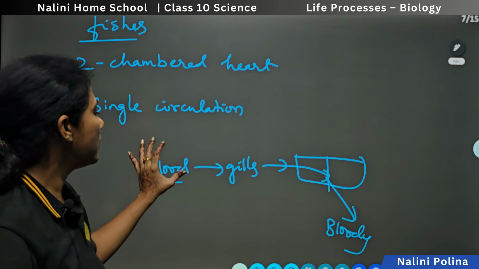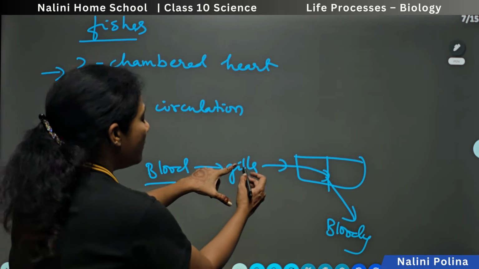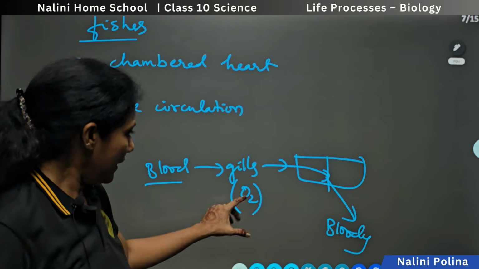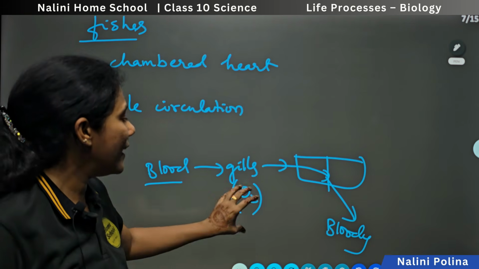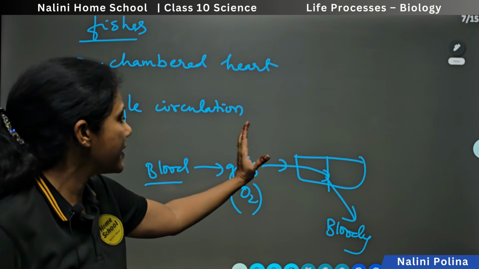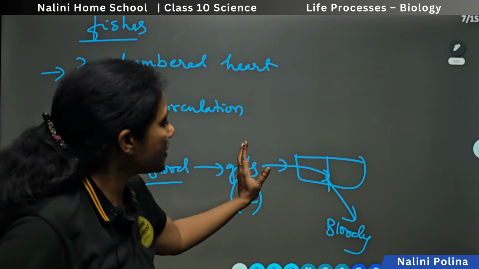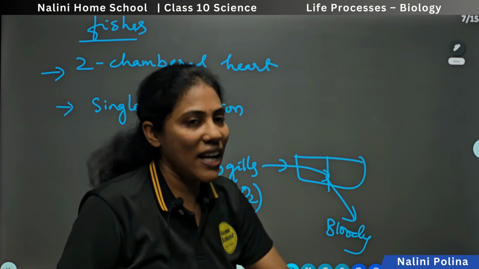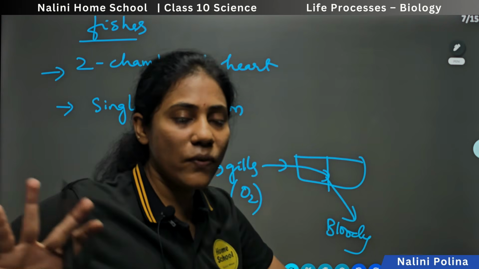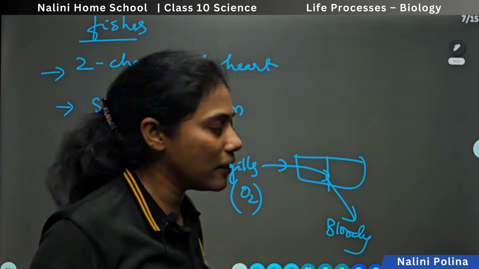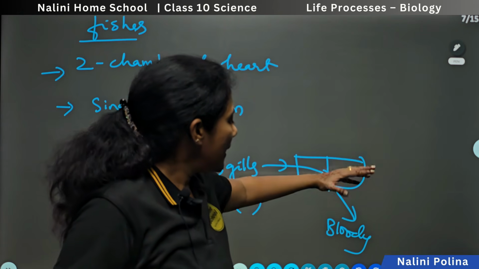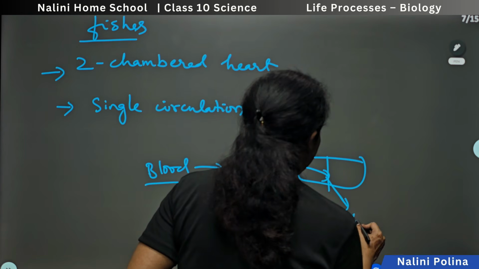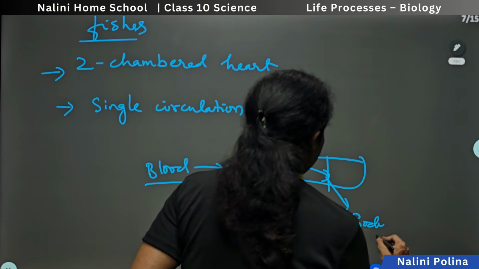That oxygenated blood enters the chamber, and from the chamber it is directly flushed to the body parts. There are no arteries, veins, such kinds of pipes in the fishes. So through the heart, the blood is directly going to the body parts.